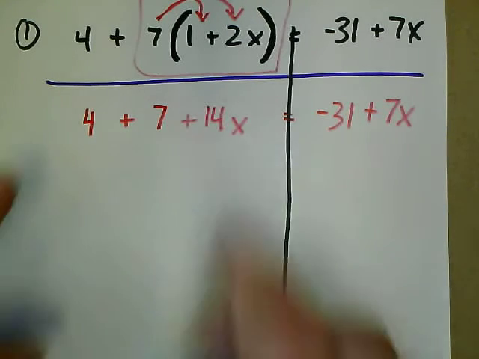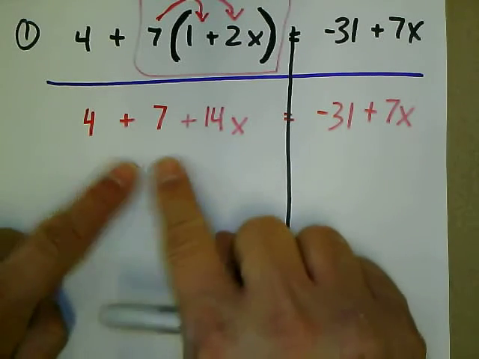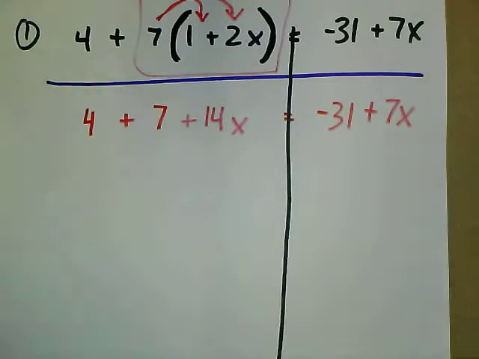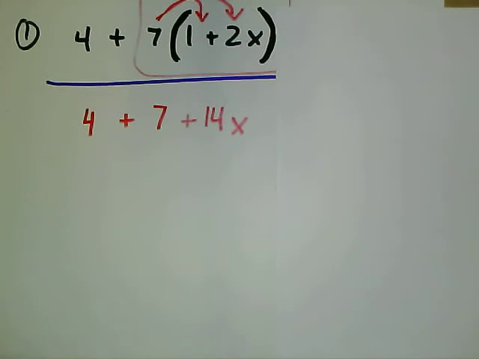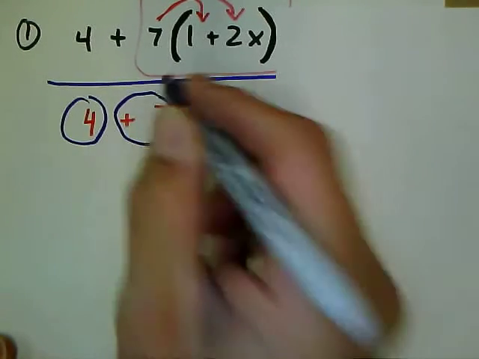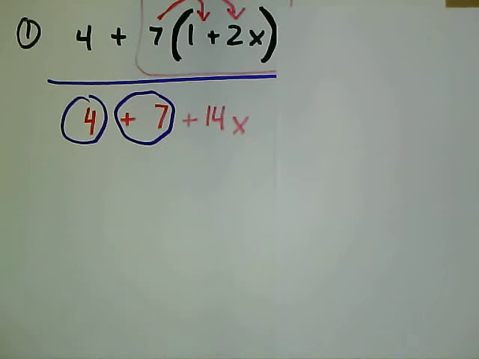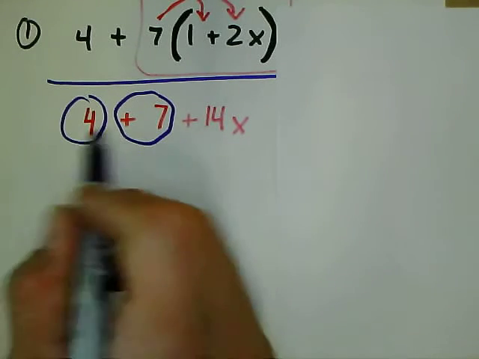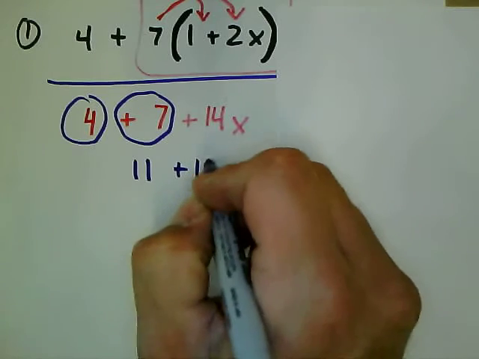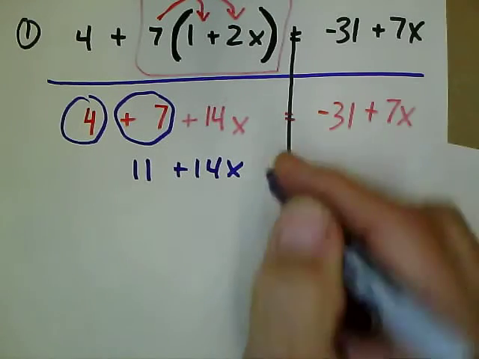Combine like terms. Can I combine anything over here? On this side? Yes, what can I combine? 4 and 7. The 4 and the 7. Why the 4 and the 7? Because they don't have the variable. Very good. And 4 plus 7 is 11, and we just bring down that plus 14x. Take the equals.